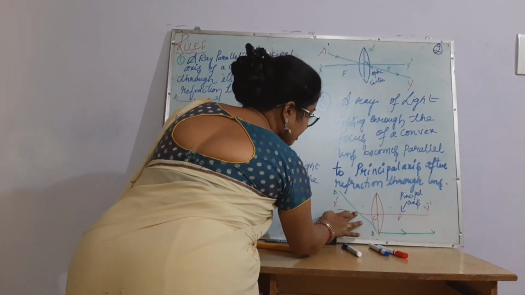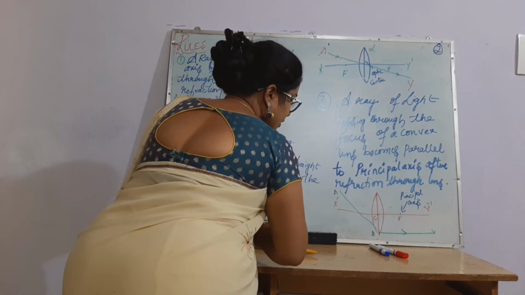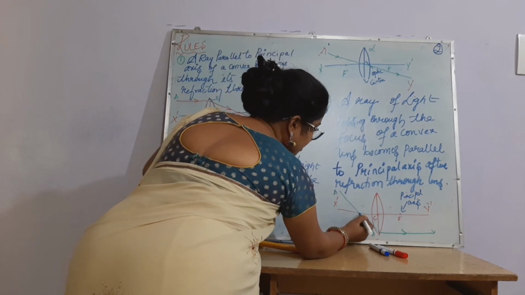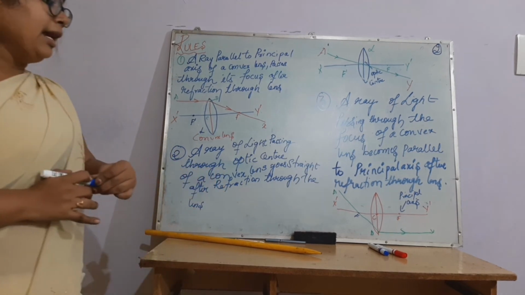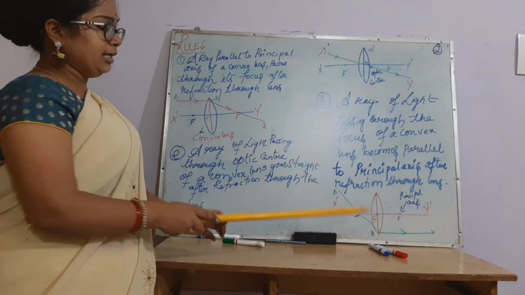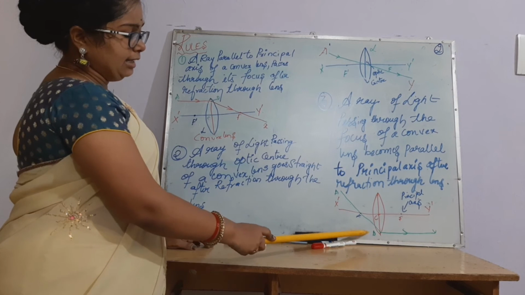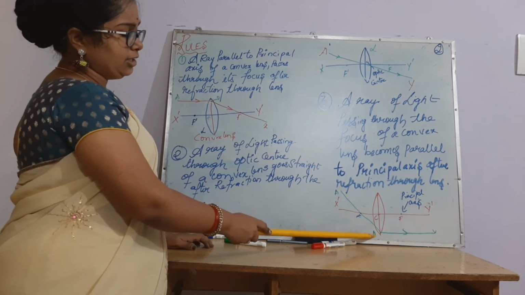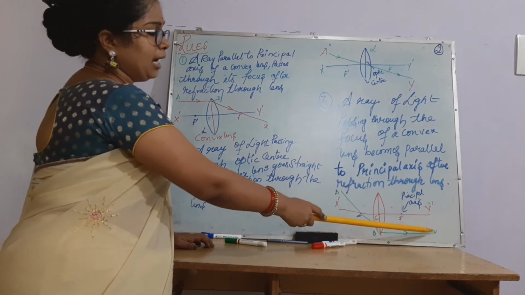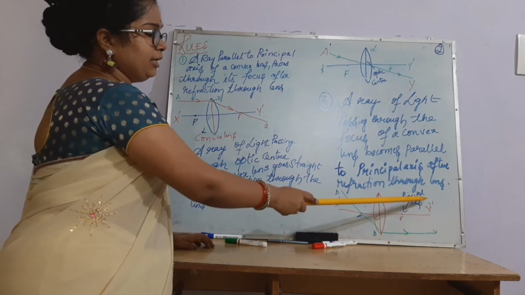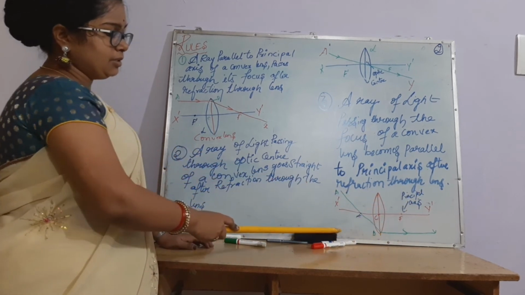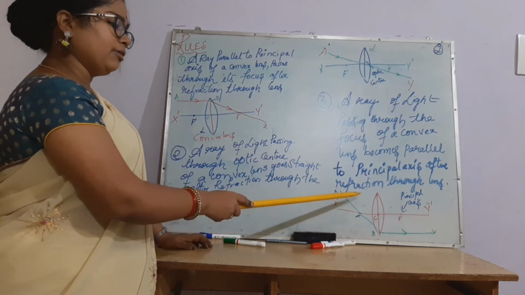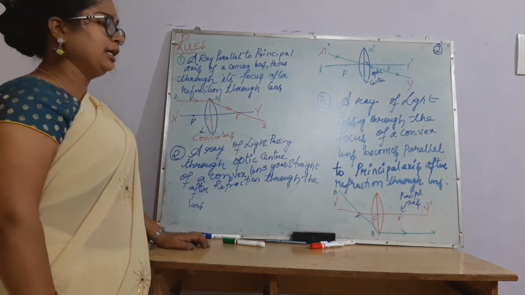After the refraction at D, it travels parallel to the principal axis. If it comes from the other side, it also travels parallel like this. Got the point? Both sides you can take.